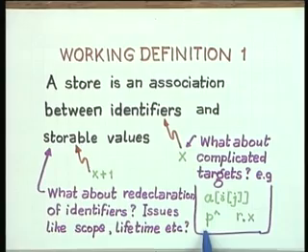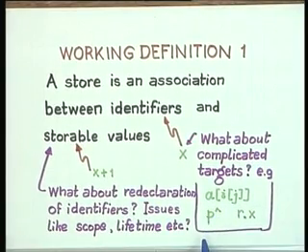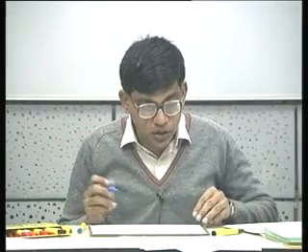They are actually complicated expressions, because the identifier P has some meaning, and this is like an operation on P. The identifier A has some meaning, I has some meaning, J has some meaning, and this is some complicated ternary operation on A, I and J. So our targets are not necessarily just identifiers, they are actually expressions, right?